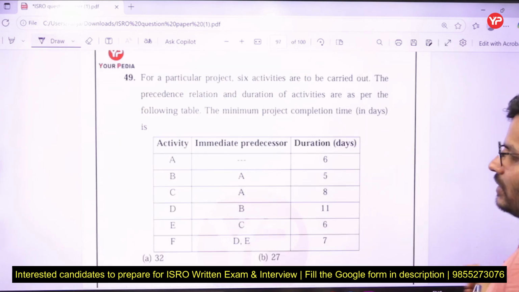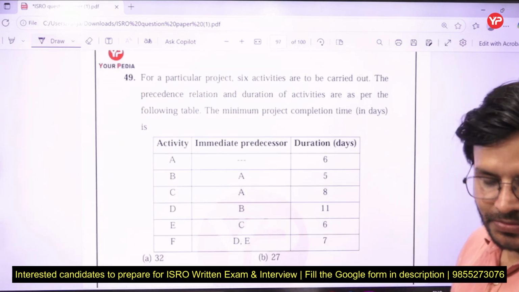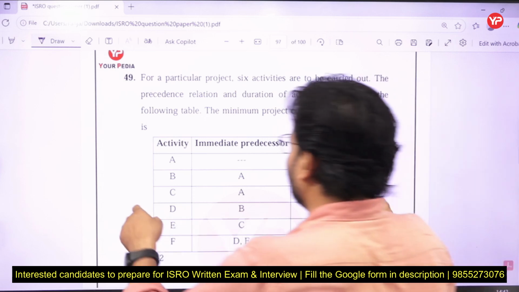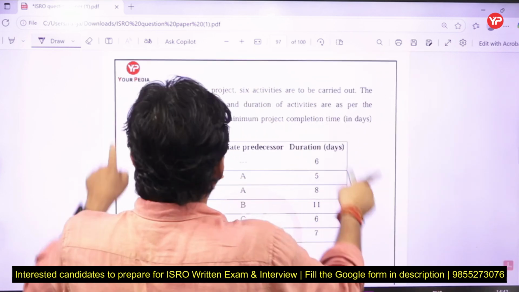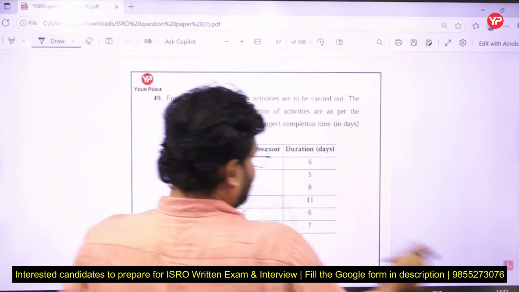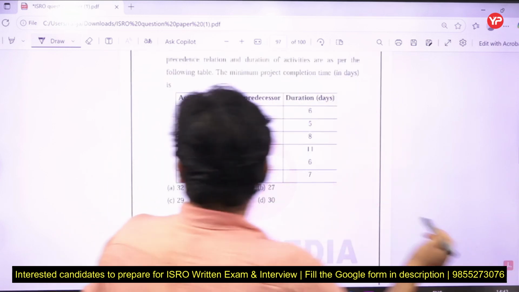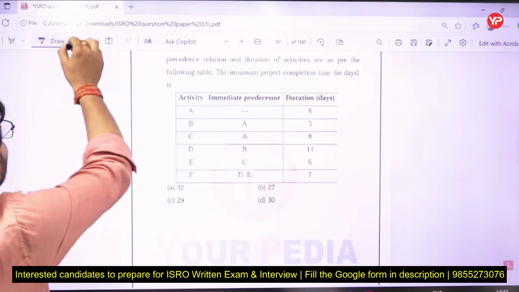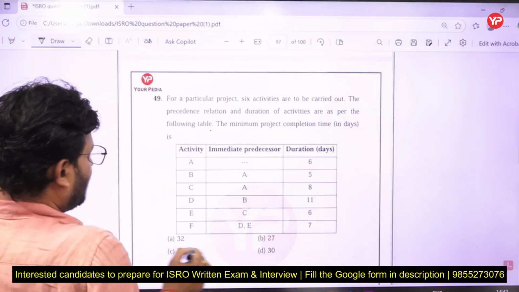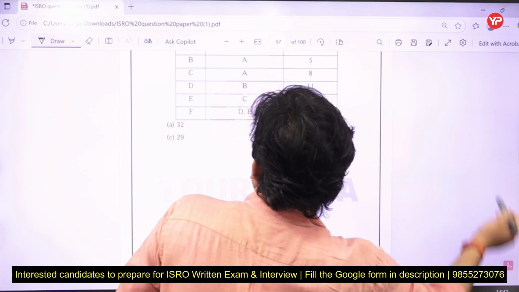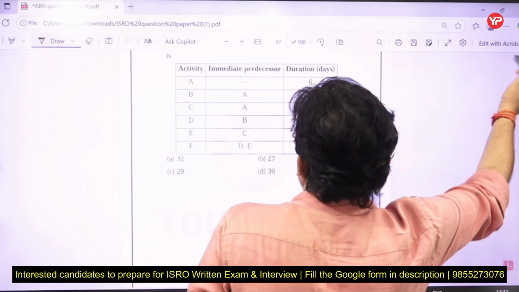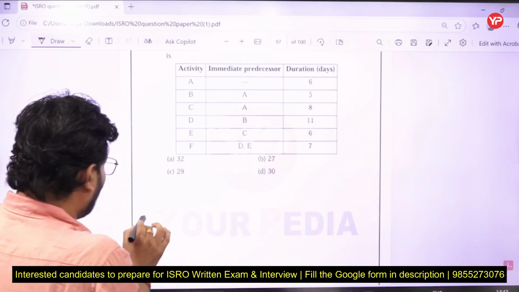Now my dear friends, that is the question, and that question has been taken from CPM PERT. I am going to zoom out a little bit so that I can show the question itself. See, you have to calculate the maximum time. Let's assume this is point 1.